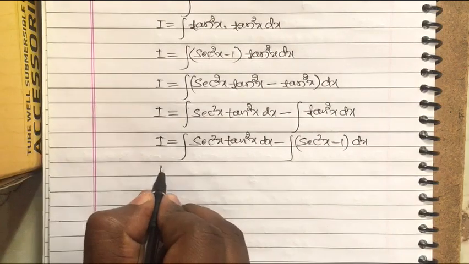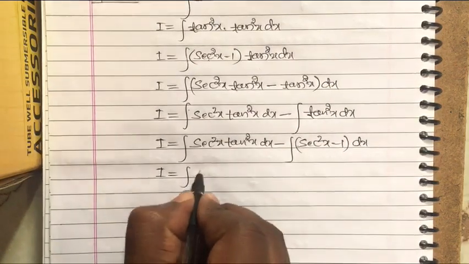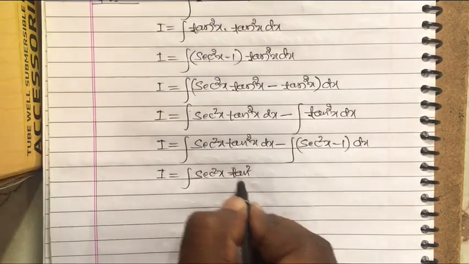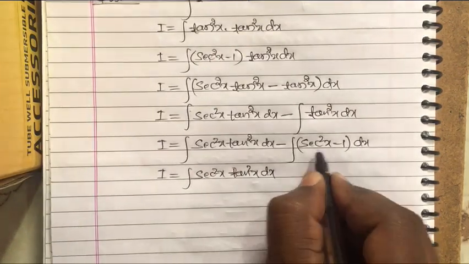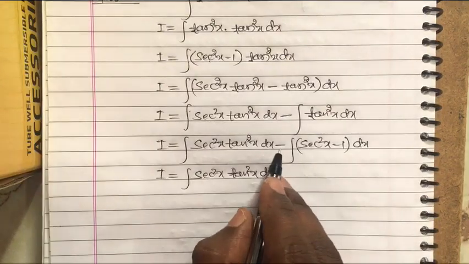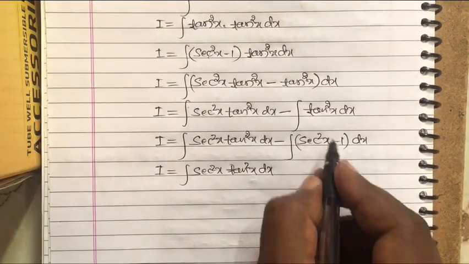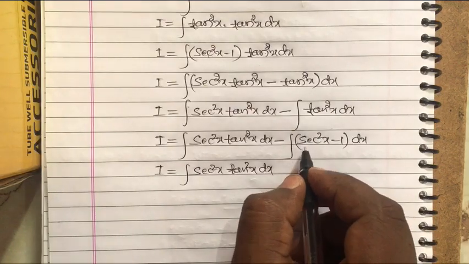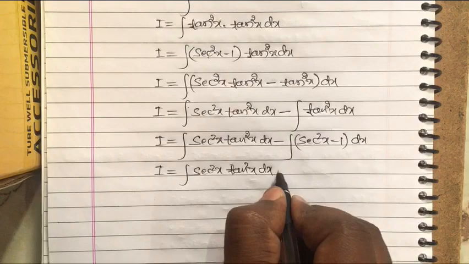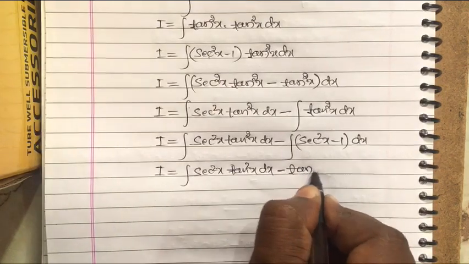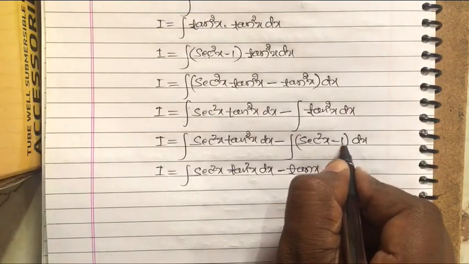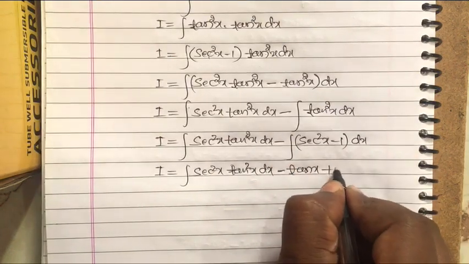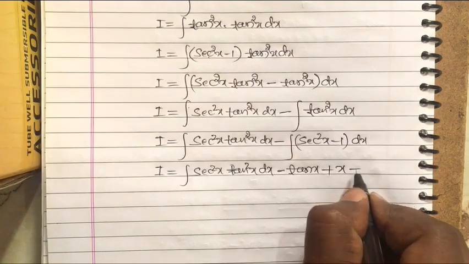Now integrate them separately, keeping the minus sign. The integration of secant square x is tan x, with the minus sign we get minus tan x, and the integration of 1 is x; minus into minus becomes plus, so we get plus x, plus c.